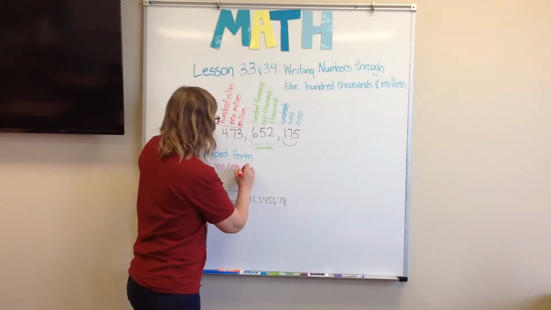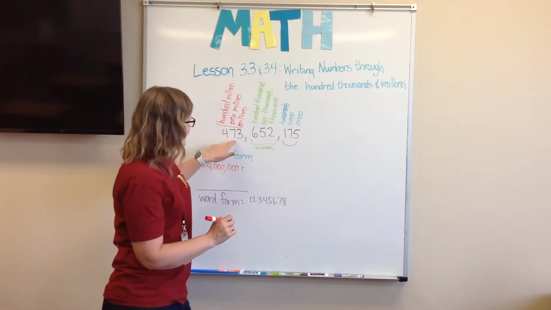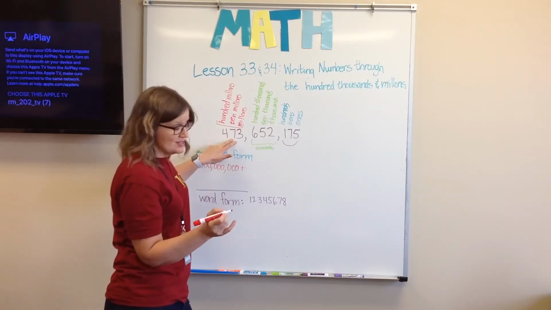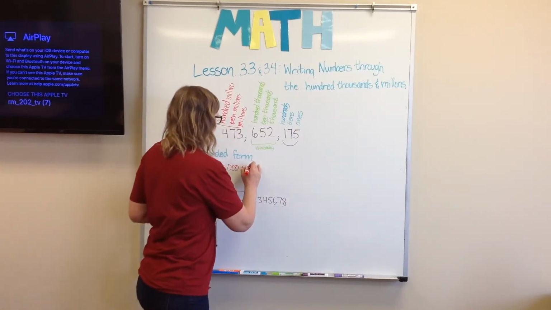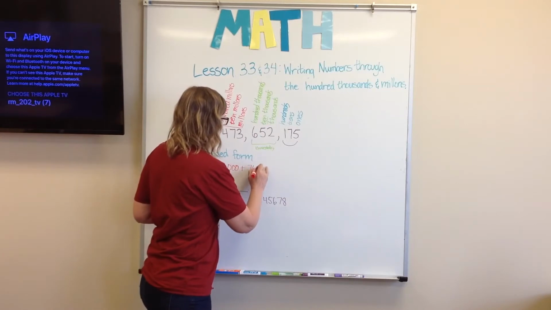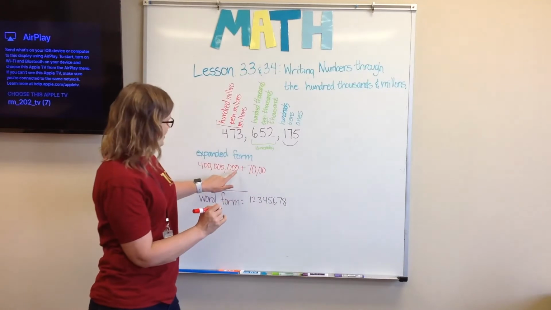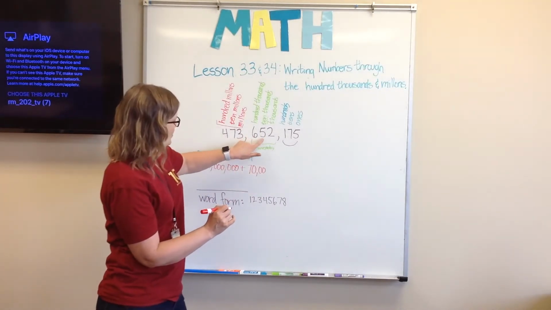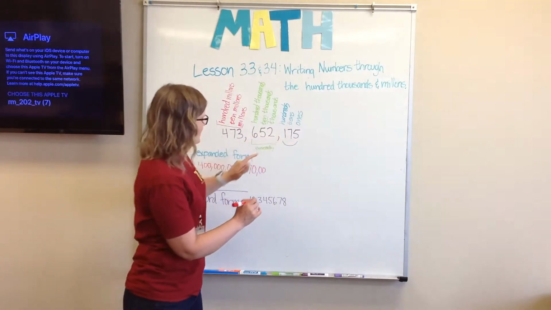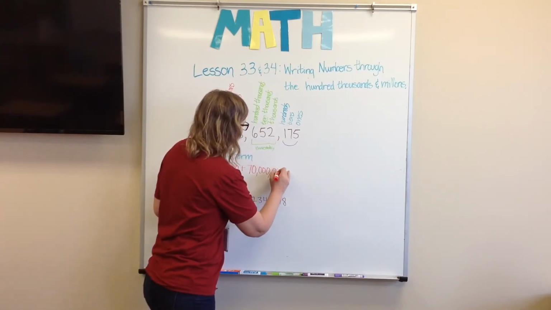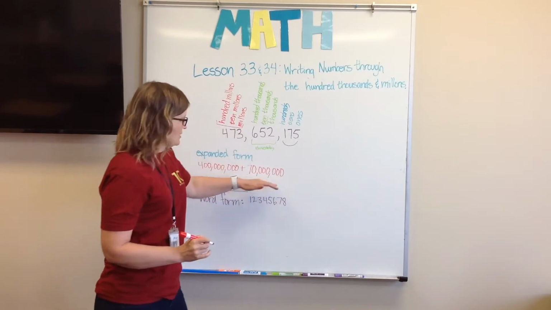Then we add to it this number, which is 70 million. We put 7, 0, and then six more zeros. 70 million.